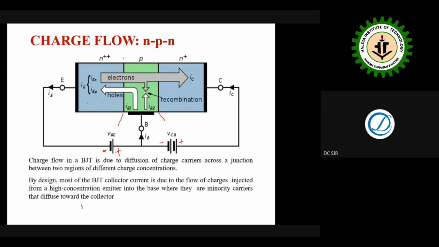So electrons, the majority carriers, move from the N side to the P side, where in the P region the electron is a minority carrier.